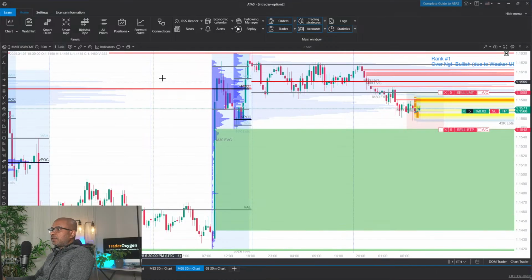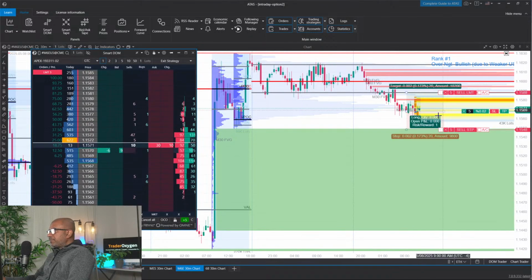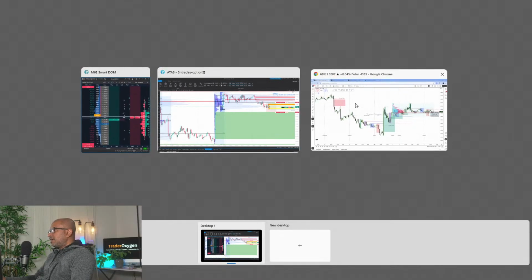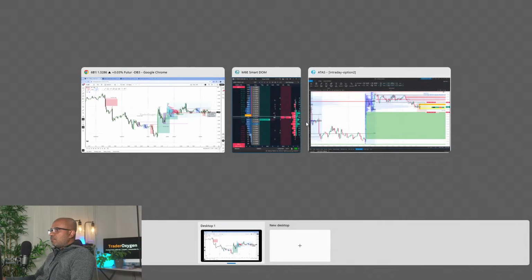So if I bring the smart DOM again and keep it to a side, what we were talking about was, you can use TradingView, as I said. However, the ATAS platform is more powerful for volume profile and order flow analysis, with more powerful tools and integrations.